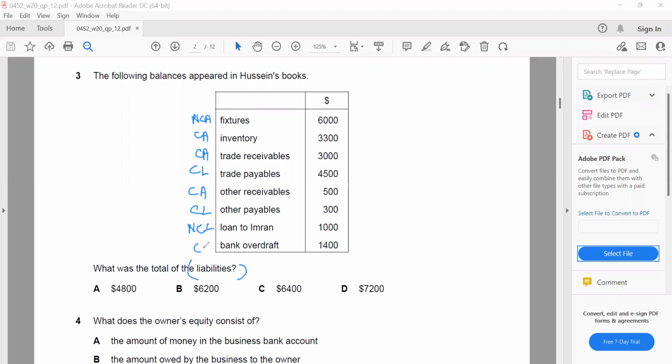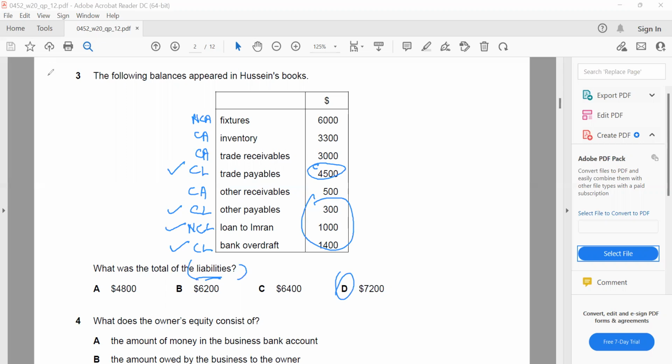Bank overdraft is a current liability. They just say liabilities, so we have these items. Let's count, 4,005 plus 300 plus 1,000 plus 1,004.